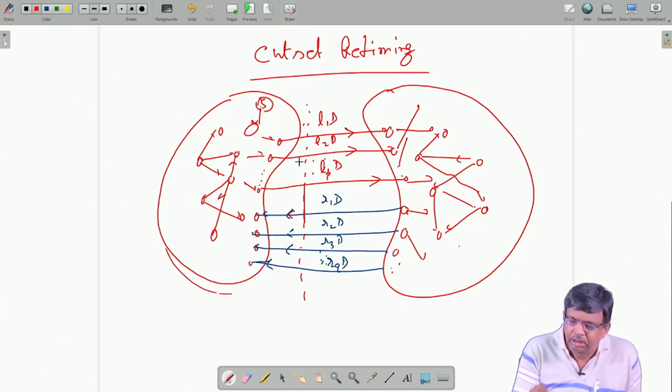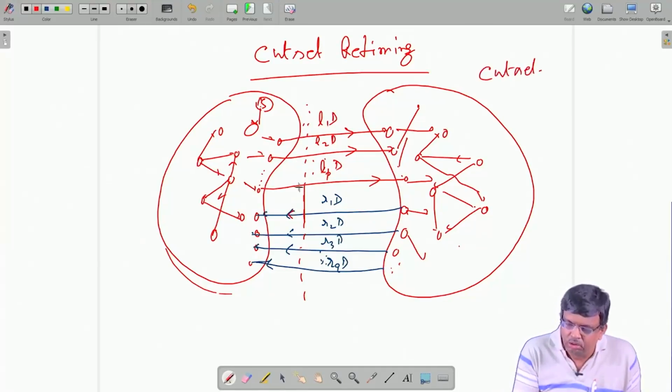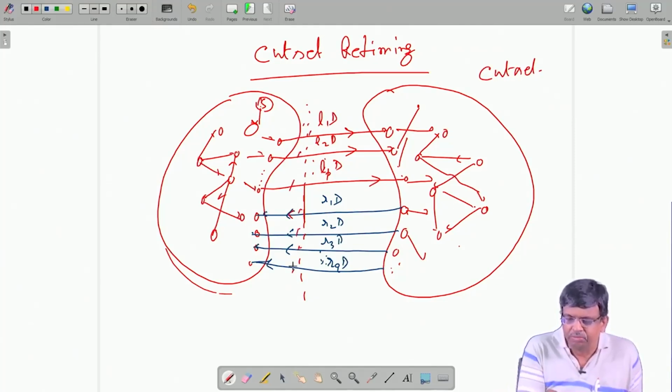Whichever edges the dotted line cuts, those edges are part of the cut set. If you remove them, obviously I am left with this sector and the other sector, with no connection between them, and each is a sub DFG by itself. So, I cut it into 2, not 3, not 4, only 2.